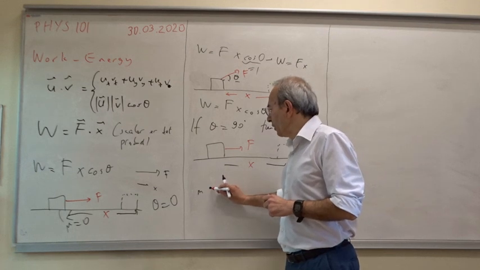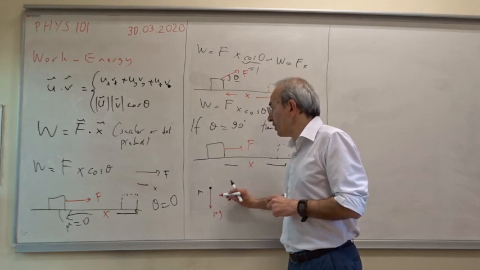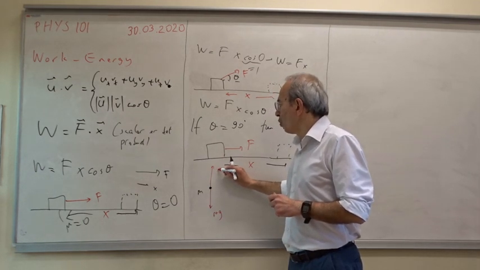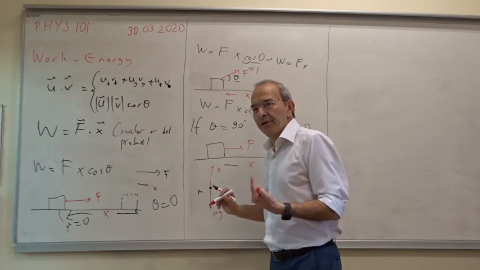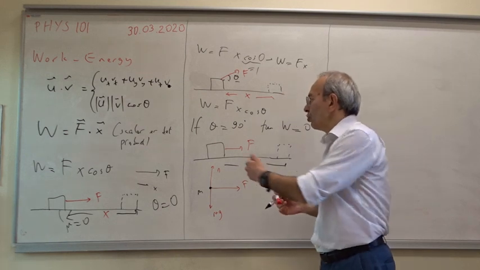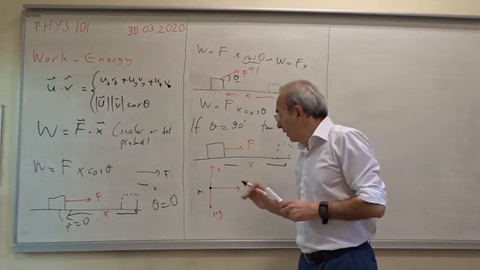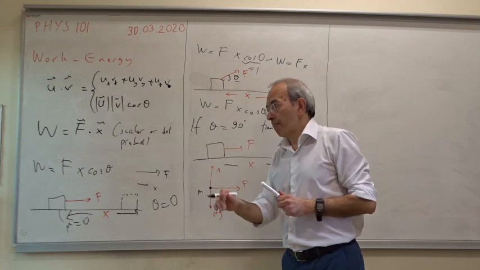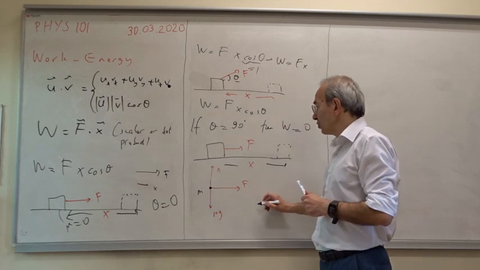One is the weight, mg. The other is the normal force, N, applied by the surface. And also, we exert the force F on it so that it is moving to the right. And assume there is no friction yet in this motion.